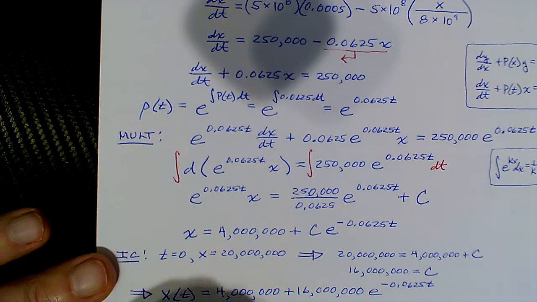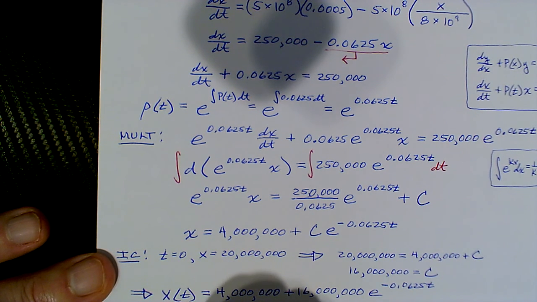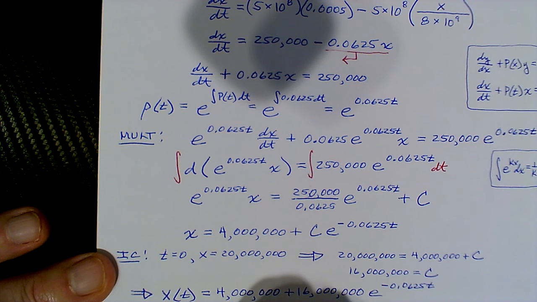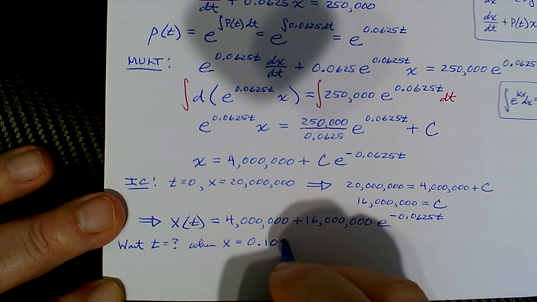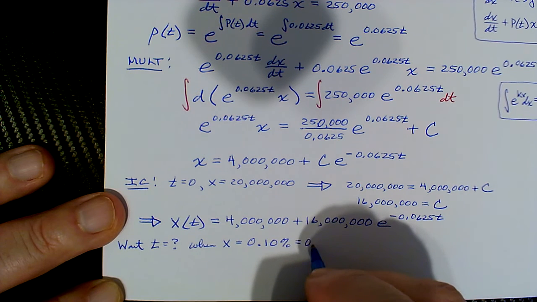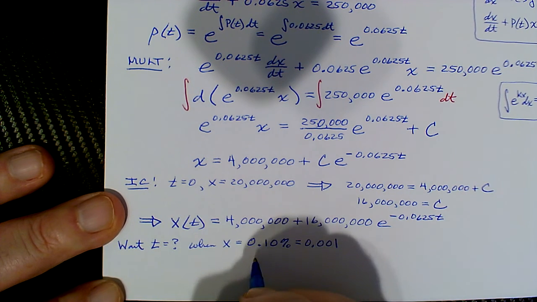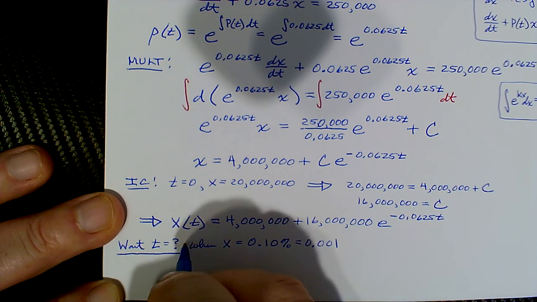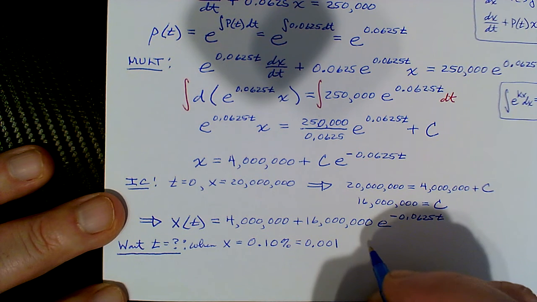And now it had asked for how long for the concentration to reach 0.10%. So basically we want t equals question mark when the concentration equals 0.10%, which is 0.001, and we'll have to find that as an amount.